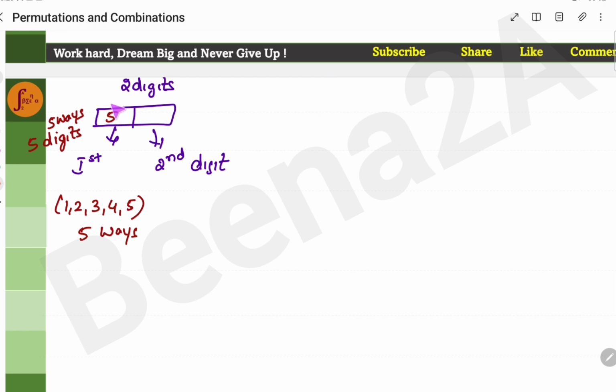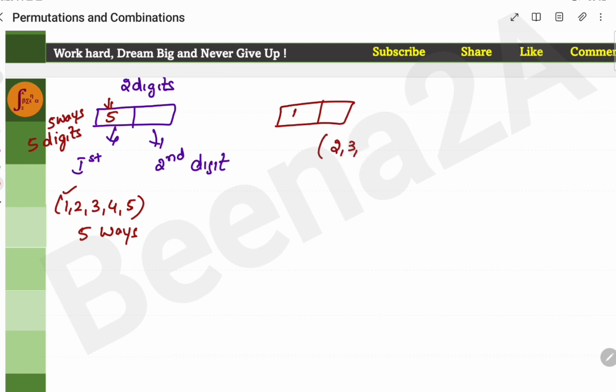Similarly, if I have to get the second digit, how many ways are there? Now, I have assumed that I have chosen one digit already. Say I have chosen 1, for example. 1 is my first digit. Then how many digits are left?